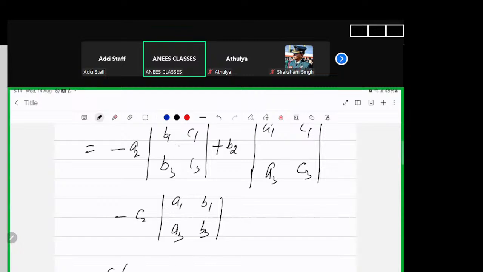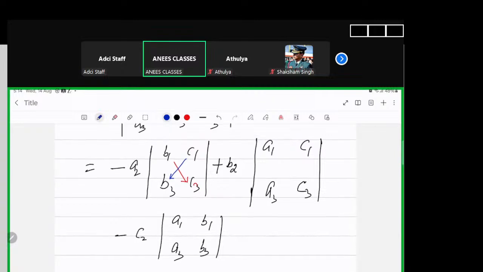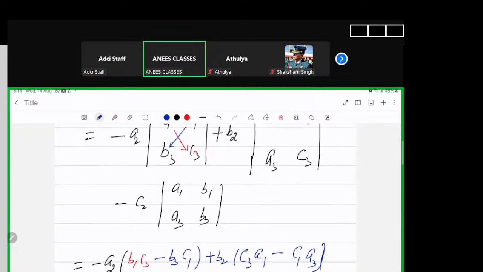When you multiply B1 with C3, so B1 C3, and multiply C1 with B3, so minus B3 C1, plus B2. Similarly, A1 C3, I will write C3 A1, minus C1 A3, then minus C2.